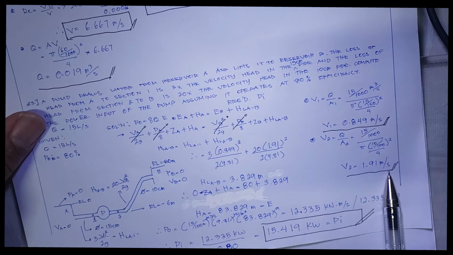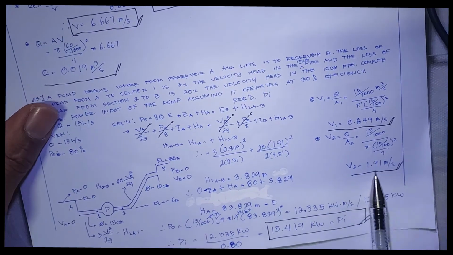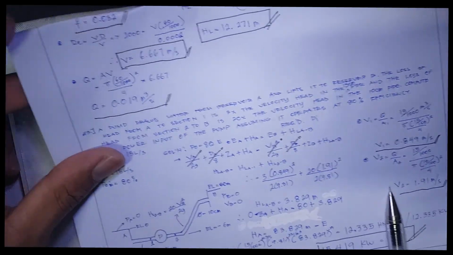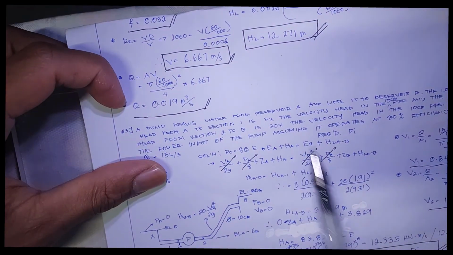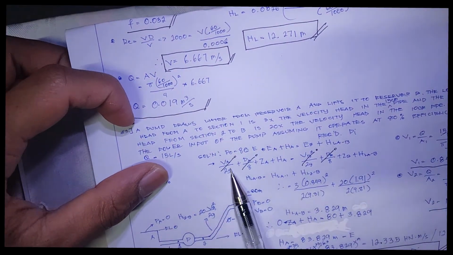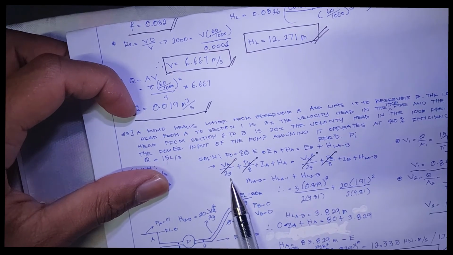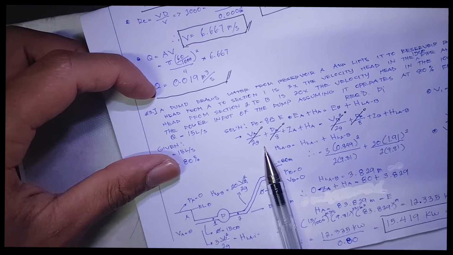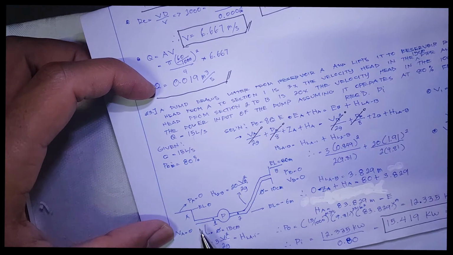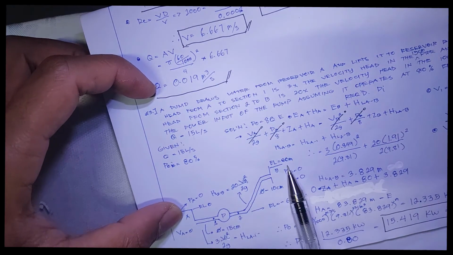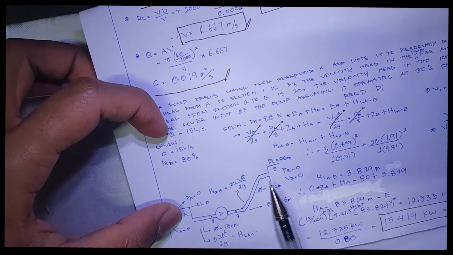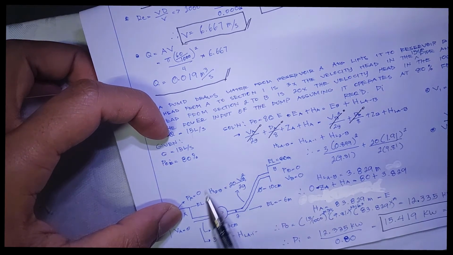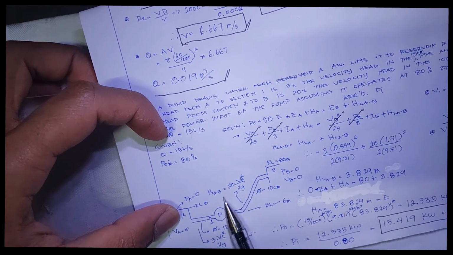After we have the values for the velocity, we need to find the equation, the relation from A to B. From the elevation A to B, we will have the head loss in this entire system.